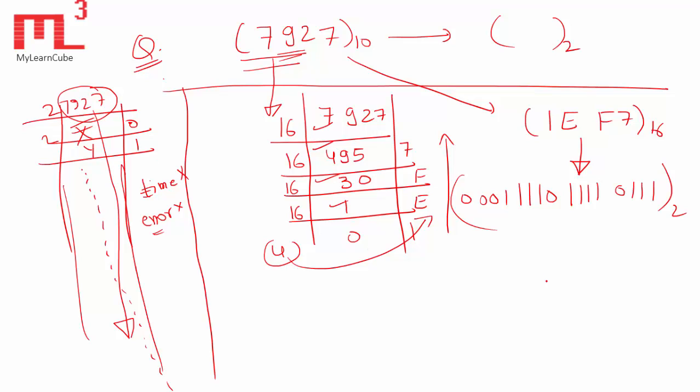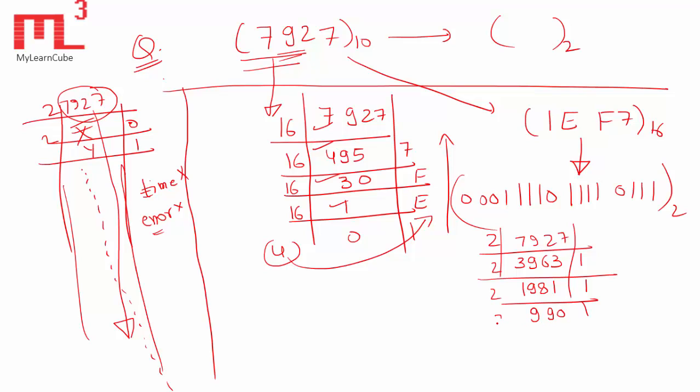But try to solve it by dividing by 2: 9, 2, 7, you get 2, 2, 3, then 1, and so on, and it keeps going. So there is a time cost and also a possibility of error.